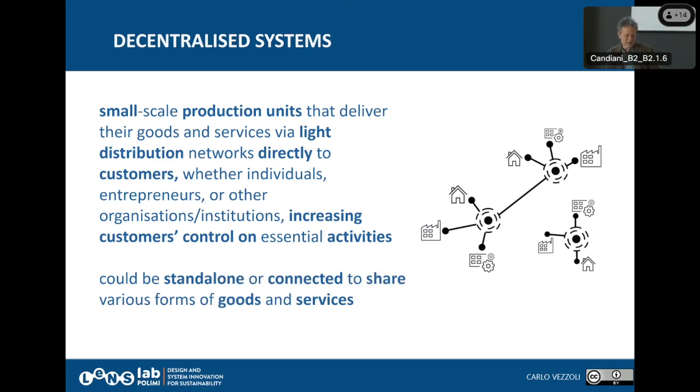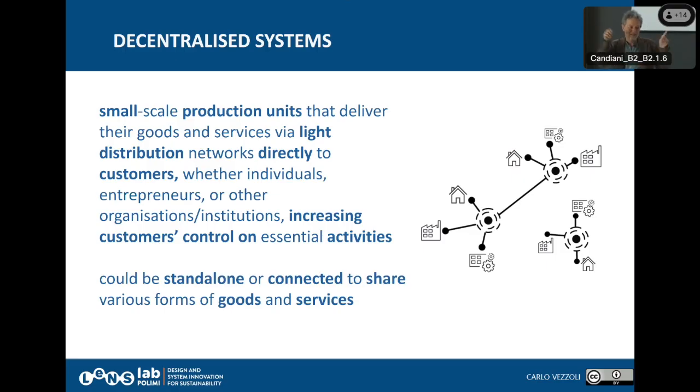They could be standalone, or they could be connected with each other to share various forms of goods and services, for example, to share the surplus of energy. So the one on the right side, bottom right, is standalone, let's say.